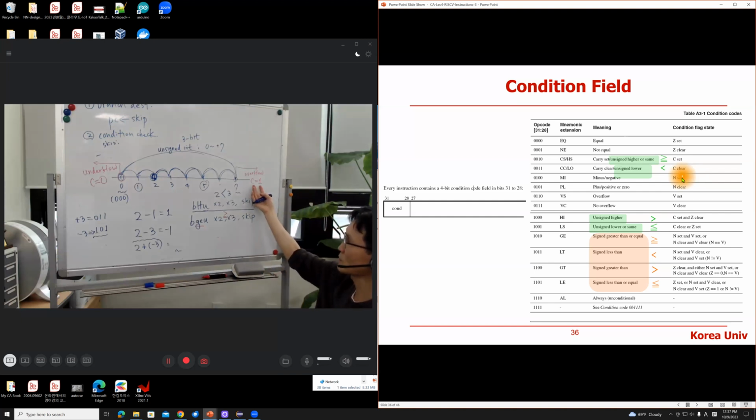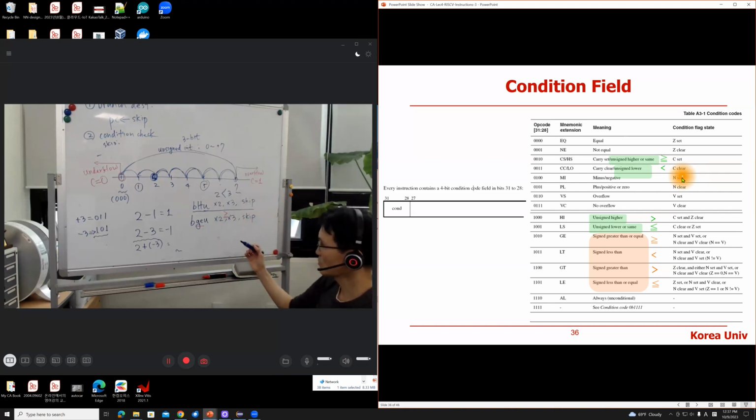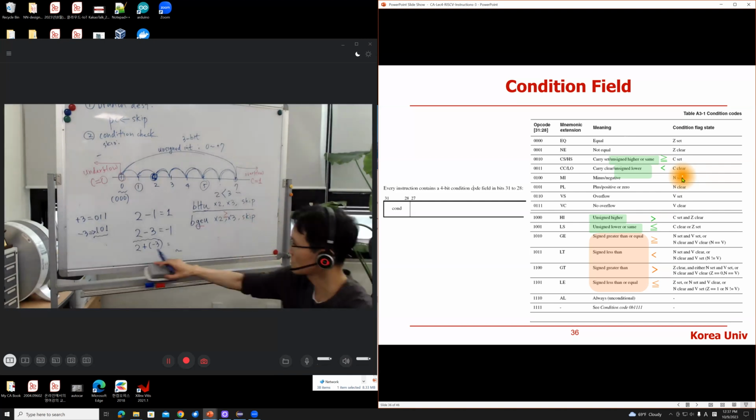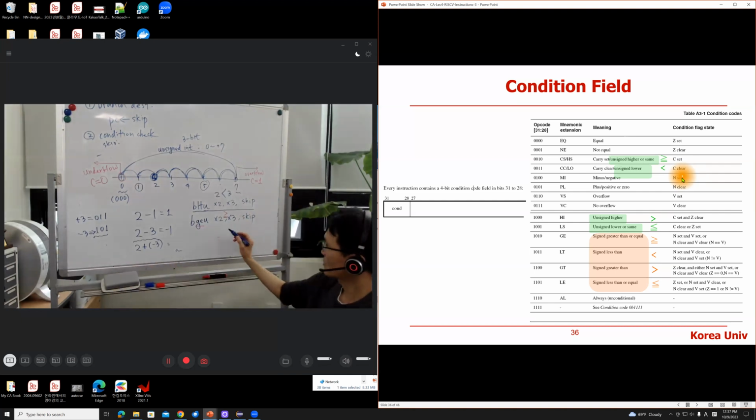If the carry flag is set to 1, that includes the equality condition. So let me explain with an example. First, greater than: 3 and 2. This condition is satisfied, 3 is greater than 2.